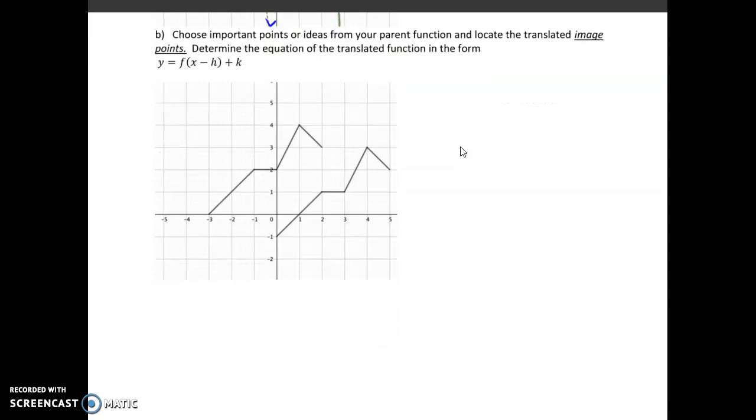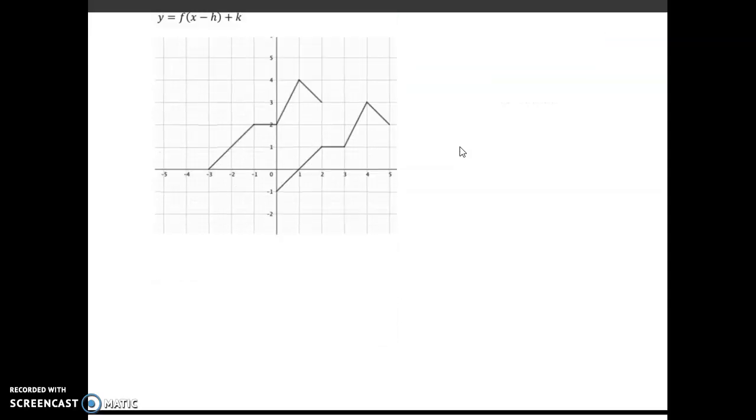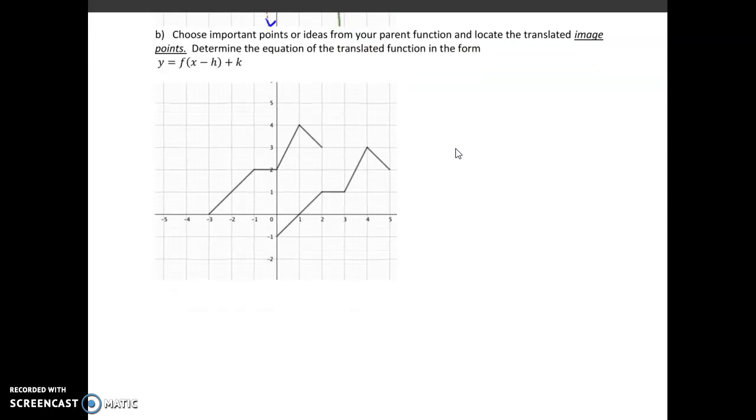Anyways, last but not least, I believe this is the last question. Choose important ideas from my parent function to locate the translated image points. Right now, I don't know which is my parent function and which is my transformed function.